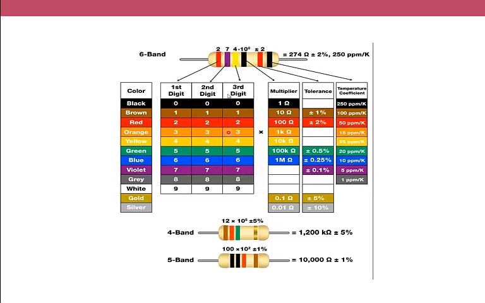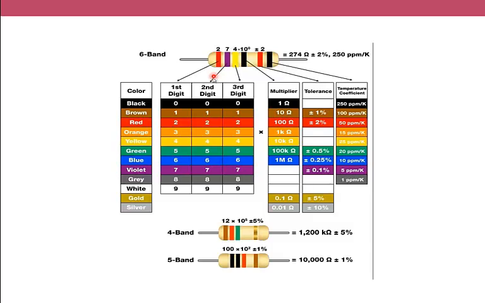If you are going to measure the resistance, there is a table. You could follow the color code, or you may use a multimeter to measure the value of the resistance. For example, if you don't have a multimeter and you need to use the color code, here we have 6 bands, 6 colors. The first band is the first digit, which is red. Red is 2, so we write 2.